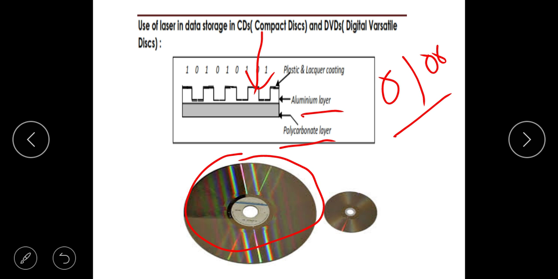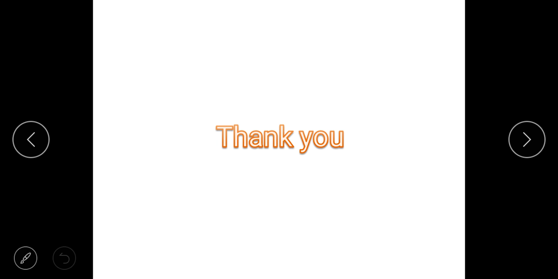An electronic circuit generates zeros and ones, and a decoder converts this binary into the original data. That is the essential process of storing information in compact discs. With this we complete module 4, and thank you for your patience.